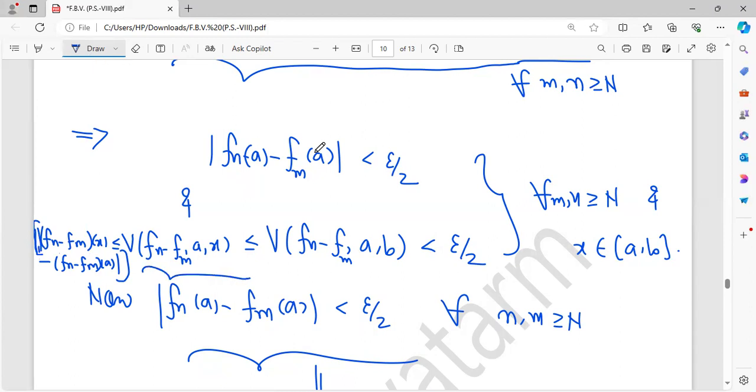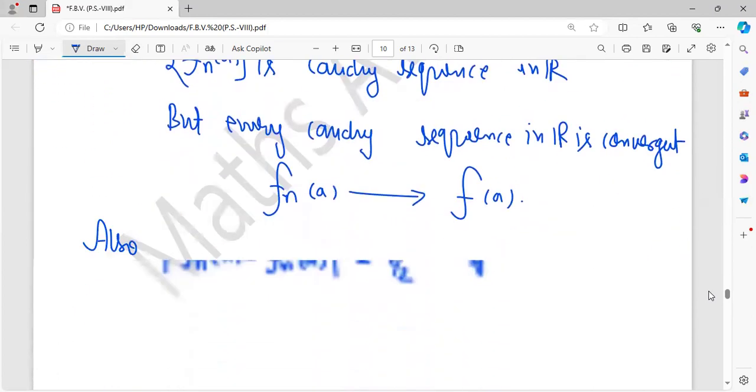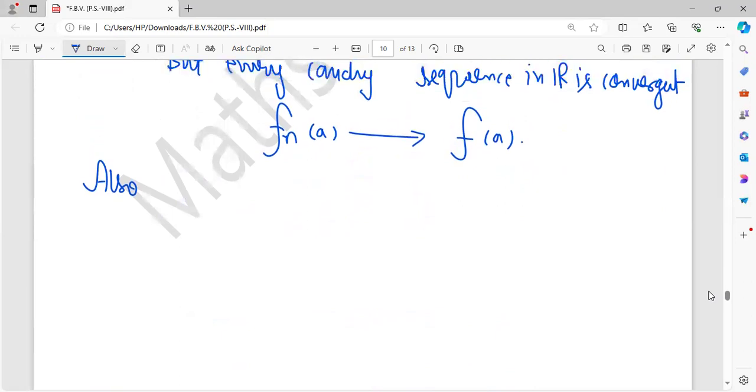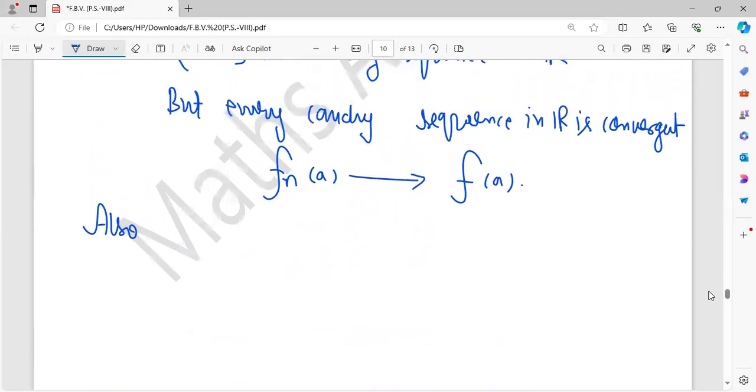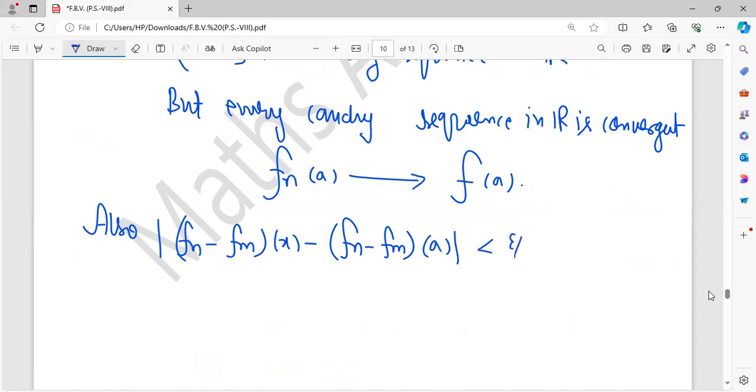So what does it mean? We also have this one: |(f_n minus f_m)(x) minus (f_n minus f_m)(a)| less than epsilon by 2 for all n, m greater than capital M.